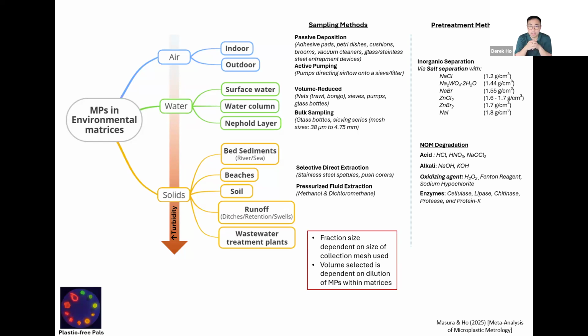However, that being said, the choice of these sampling methods would lead us to have different fraction sizes depending on the mesh size used, as well as the volume of sample that we have to use, which will be dependent on how dilute the microplastic concentration is in these environmental matrices.